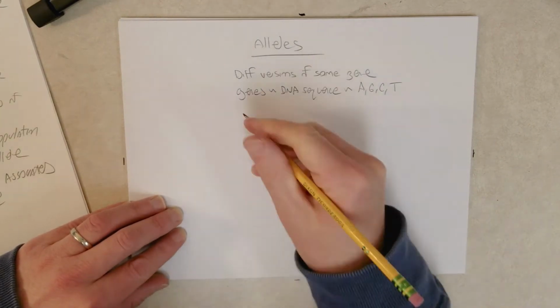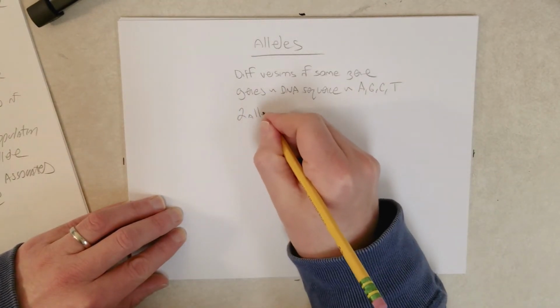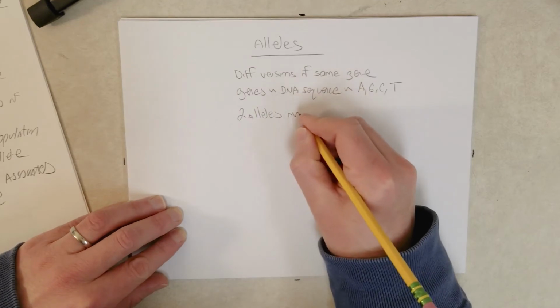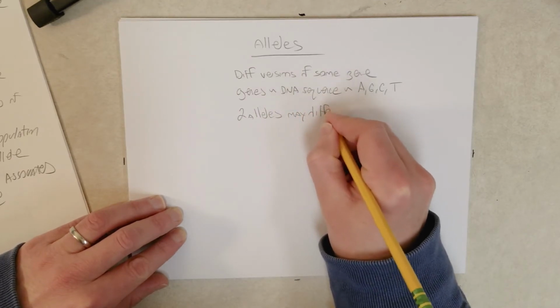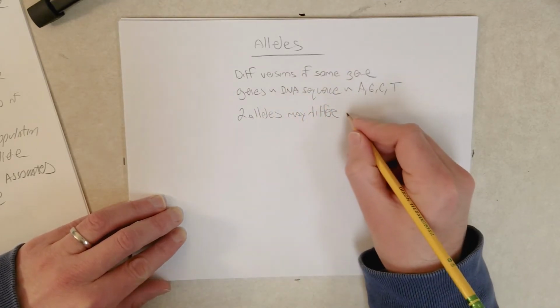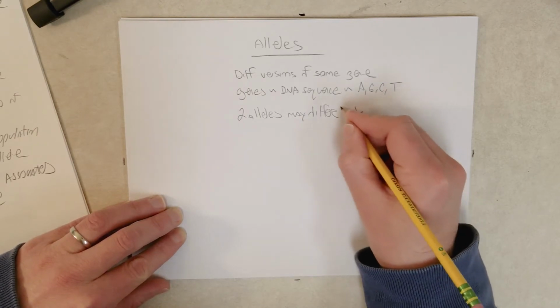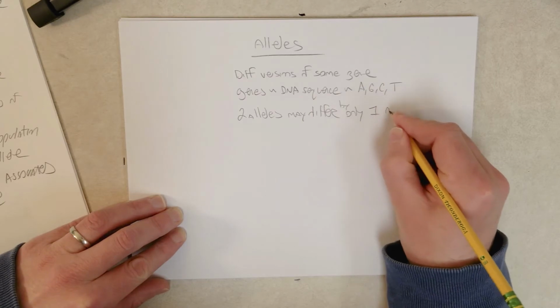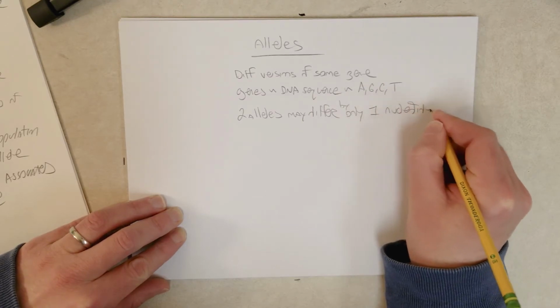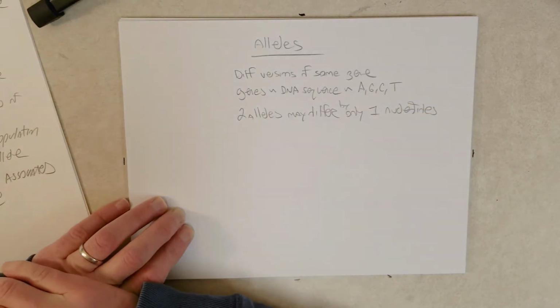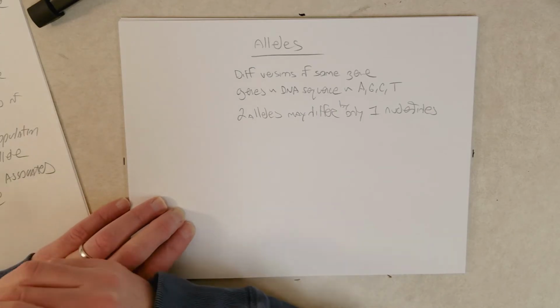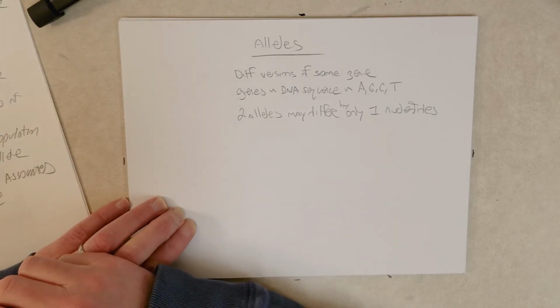So two alleles may differ by only one nucleotide. So they may be almost identical. But if they differ by one nucleotide, well, we consider those two different alleles.